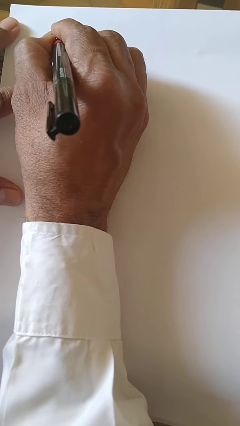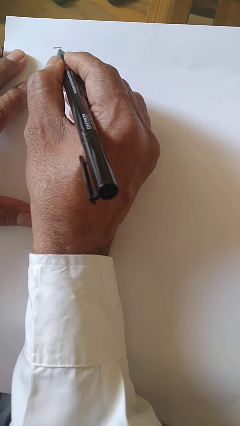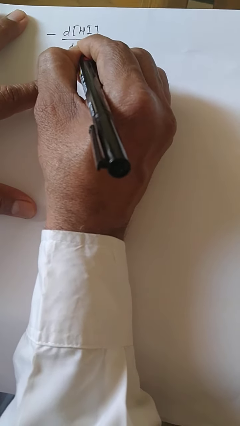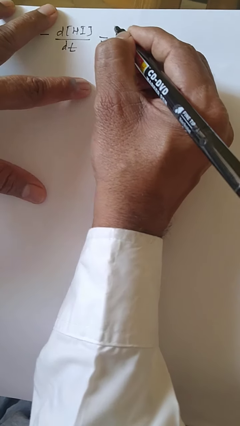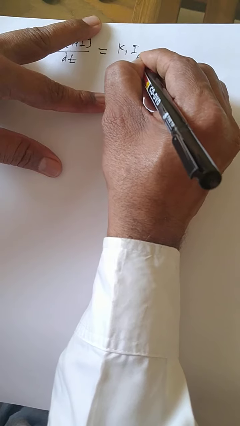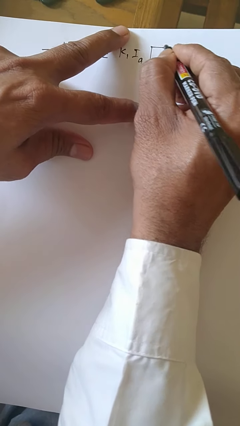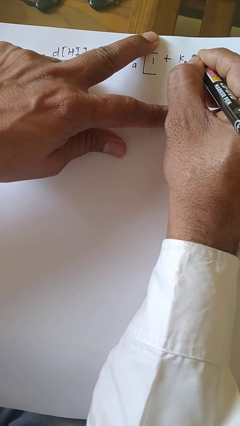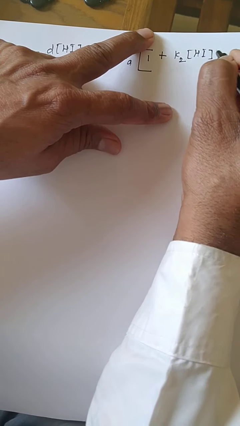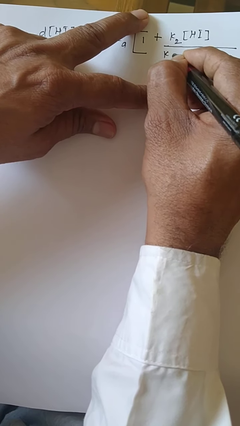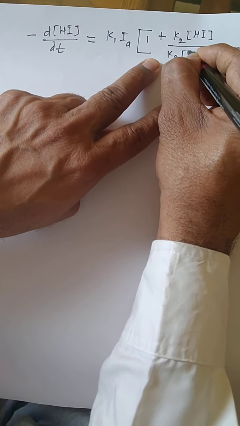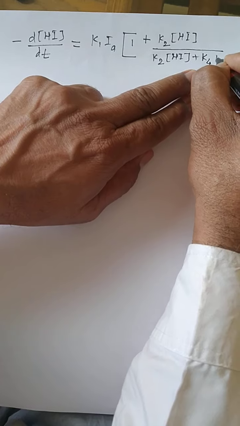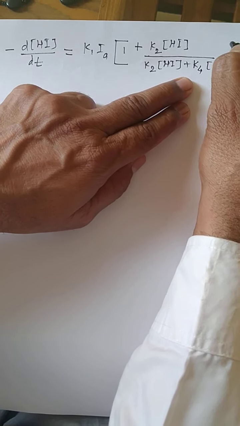The minus sign indicates decomposition, so minus rate of decomposition of HI is equal to K1 intensity absorbed into 1 plus K2 concentration of HI divided by K2 concentration of HI plus rate constant K4 concentration of iodine.